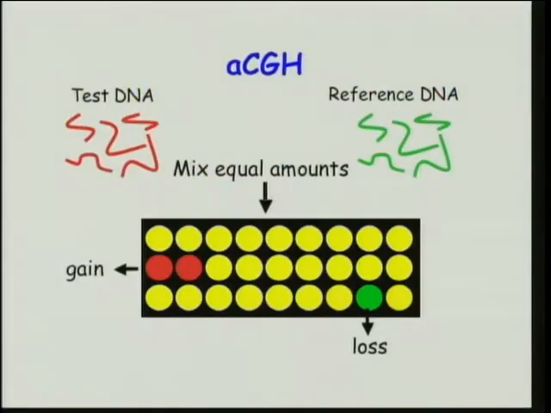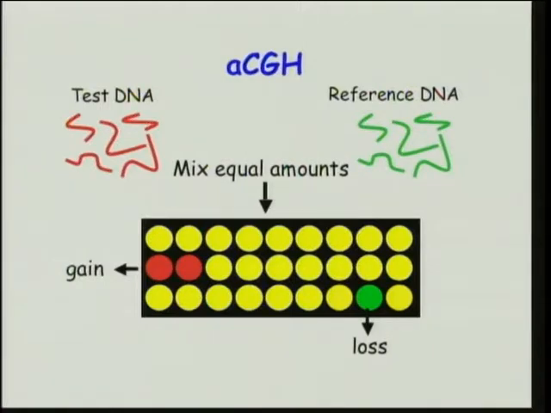However, CGH is now performed on arrays, and this technique looks similar to chromosome-based CGH in that you have a test labeled in one color and a reference DNA labeled in another color. You again mix these together in equal amounts with a blocking agent, but now instead of hybridizing to chromosomes, we hybridize to arrays. And the arrays have hundreds or thousands of DNA sequences spotted on them.